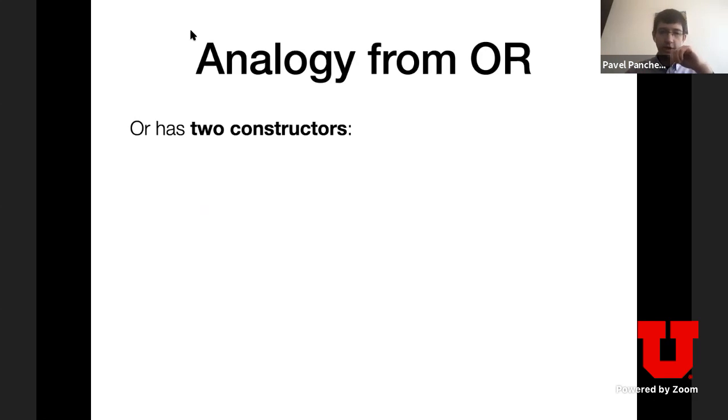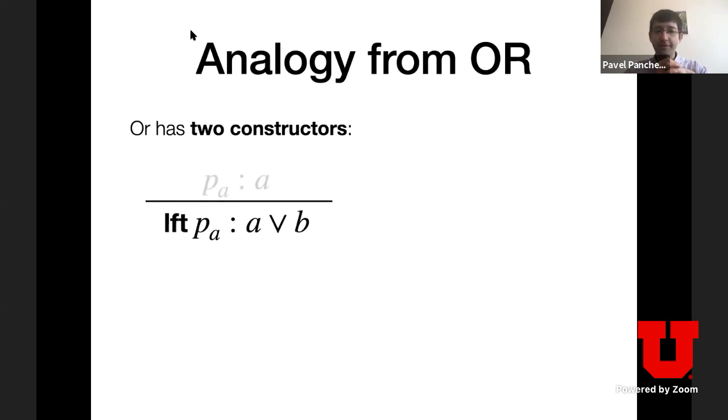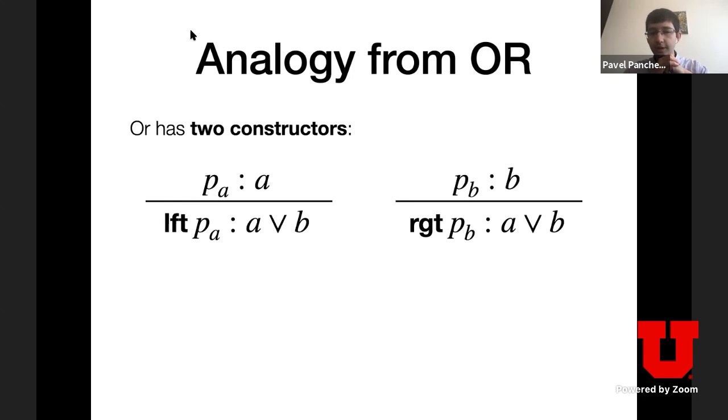So OR has two constructors. We saw that last time, one called left and one called right, and you just saw me implement these two in Lean. So just to remind you how these go, since it's an introduction rule, we have the logical connective we want to introduce below.